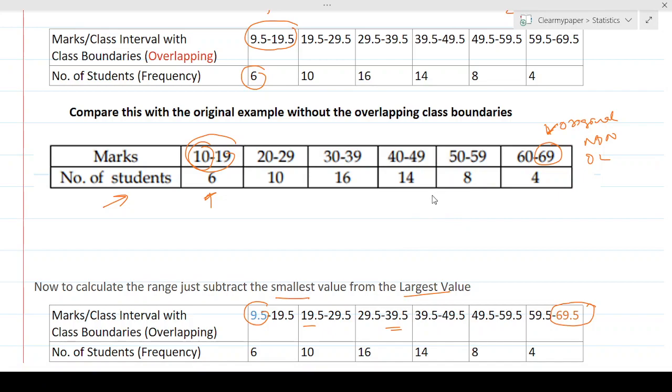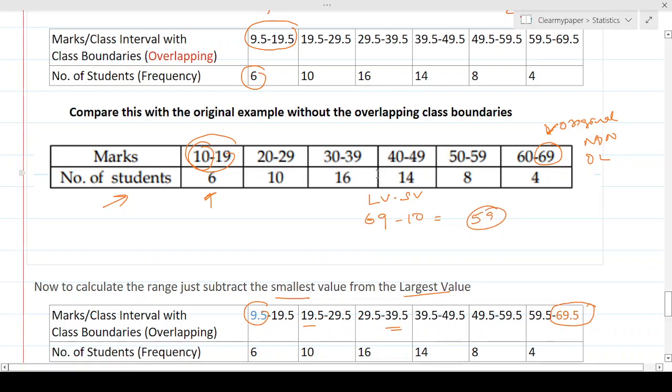Let's do it again. The largest value is 69, the smallest value is 10. So it becomes 59. That's how they calculate. A lot of textbooks calculate that.